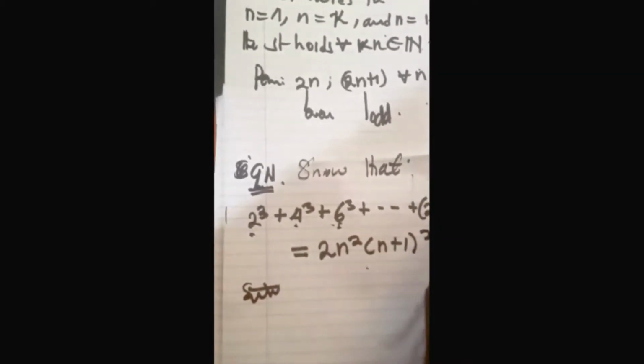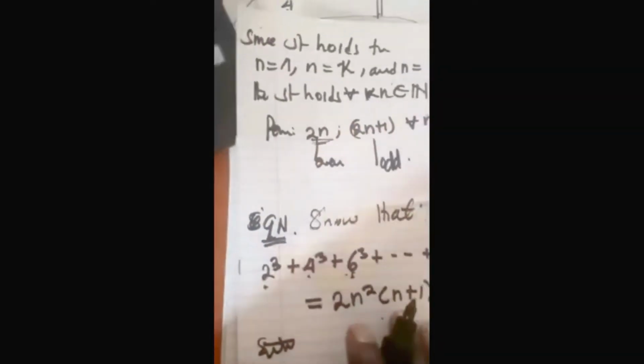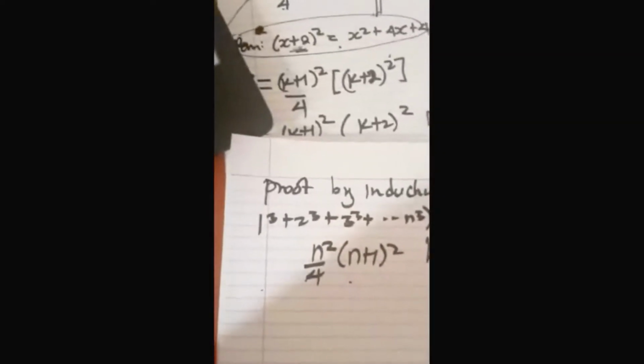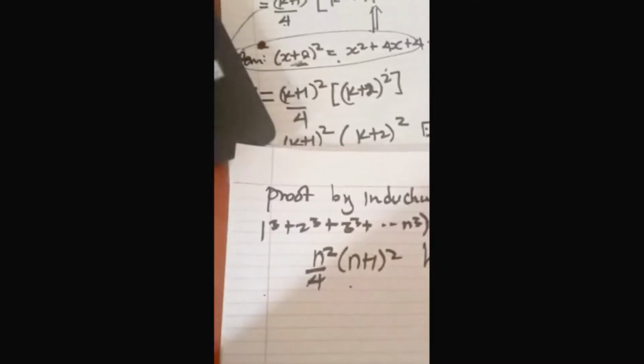So what we do here, we expect that it goes with the even number, and this is the even number we are talking about. So let's see how we can go about it. It is easy. Your work is to just look at it critically.